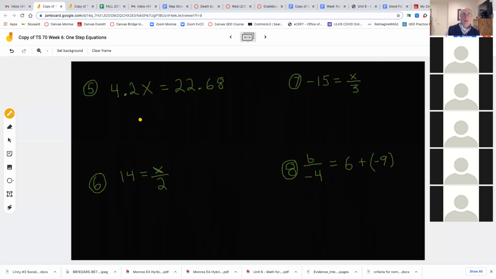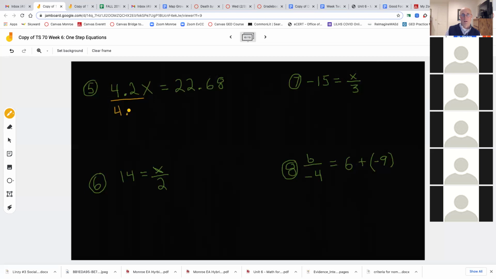I'm going to show you how I would do number 5. I've got 4.2x equals 22.68. It's the same principle as if I just had 4x equals 22. Here's how I would do this one. I would write it out like this: 4.2 divided by 4.2.